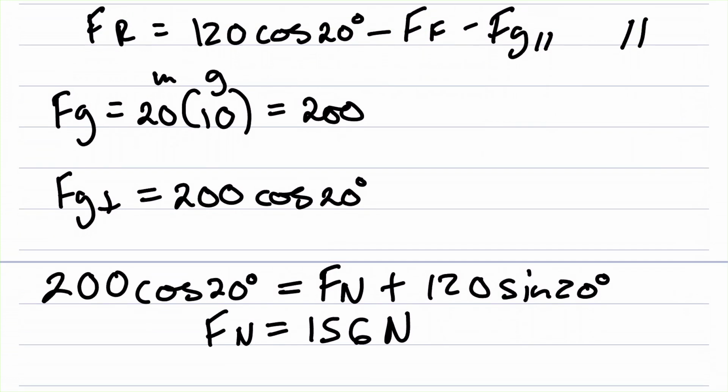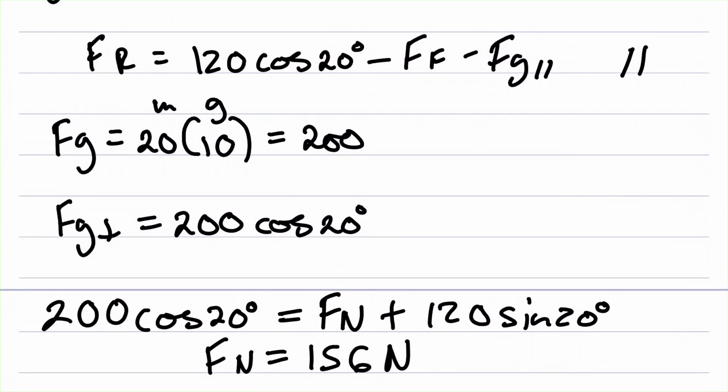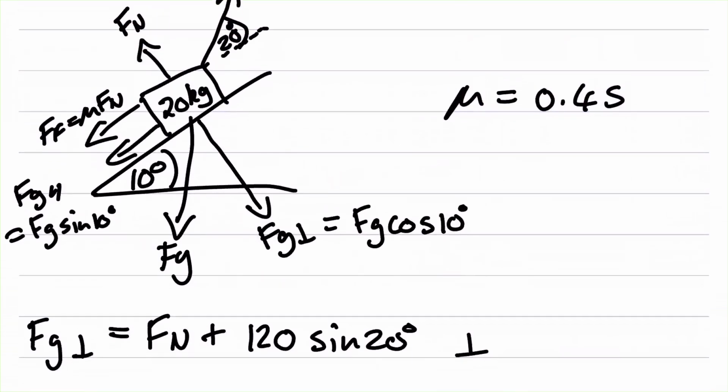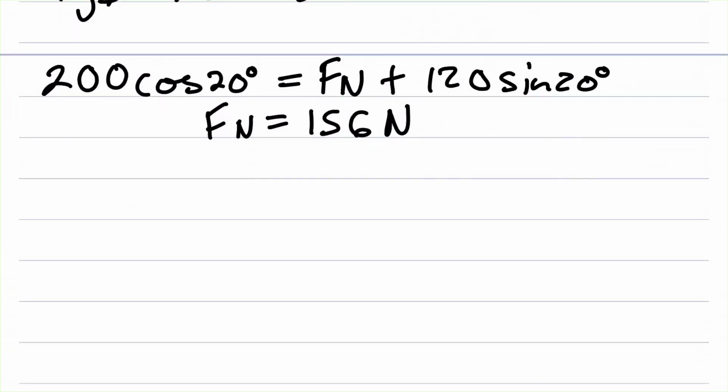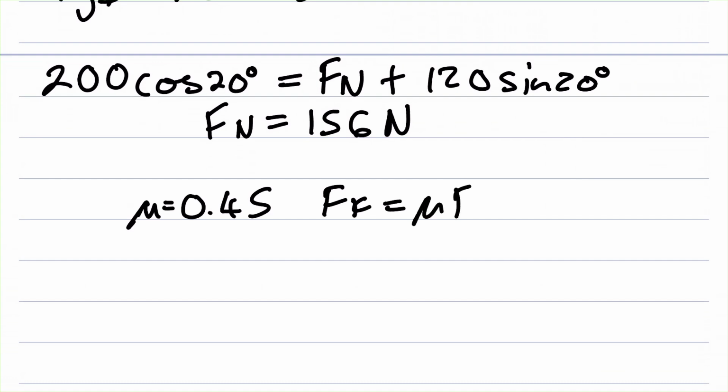In the next section, we do the parallel direction. Since we've now solved for Fn, we can use our coefficient of friction, which I said was 0.45. So the frictional force is equal to the coefficient of friction times the normal contact force, which is 0.45 times 156.